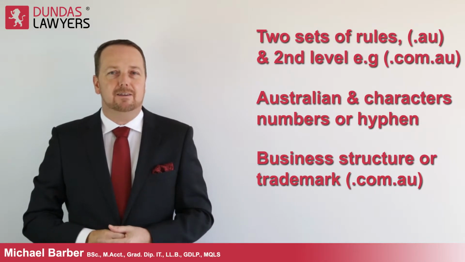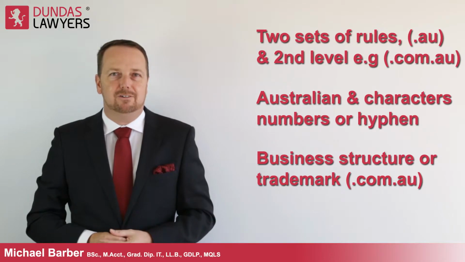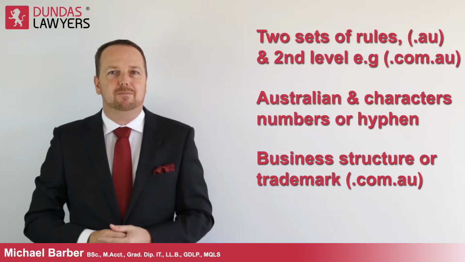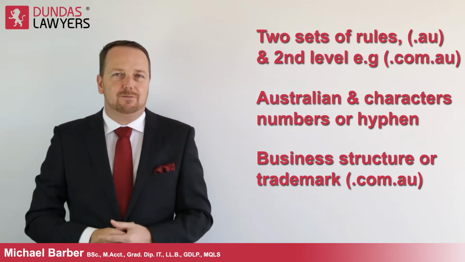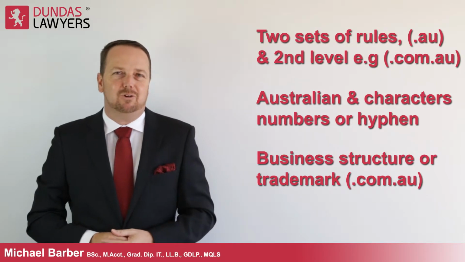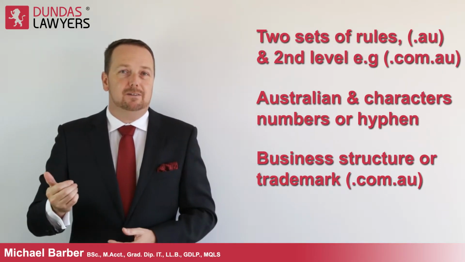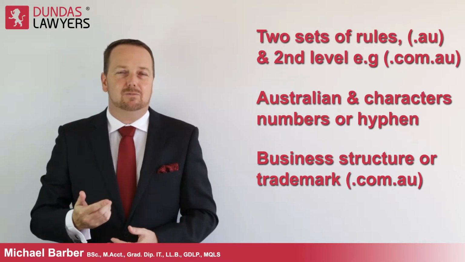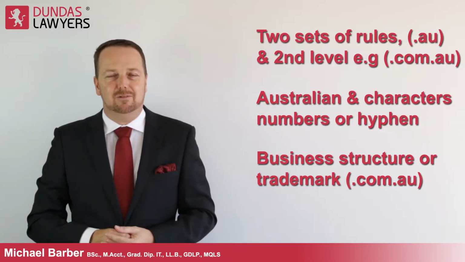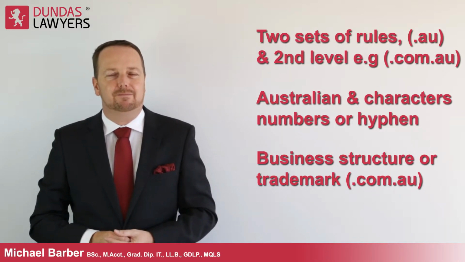That business name then can be an exact match, an abbreviation, or an acronym. Of course, these rules are a little bit more complicated than that, but you may have gathered, Jim's Mowing and Jim's Bakery would both be eligible for jims.com.au.